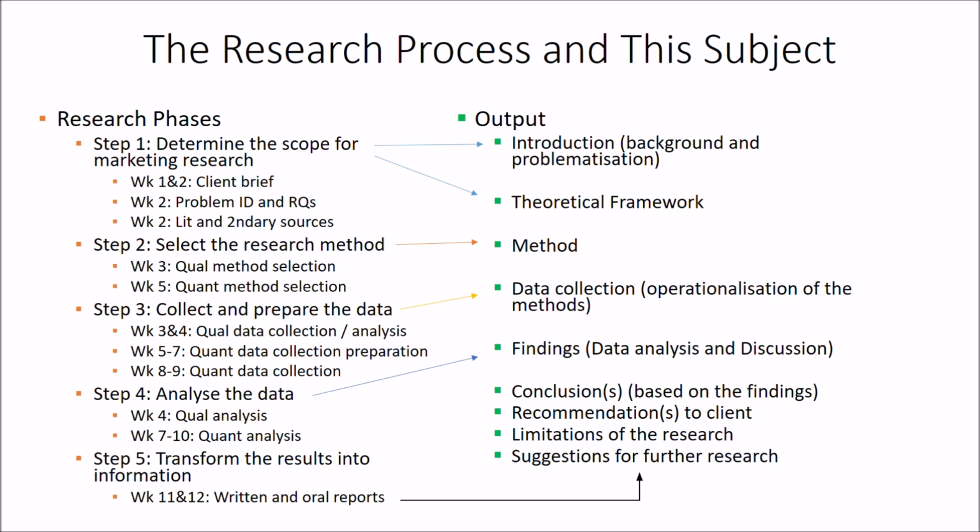The collection and preparation of the data goes into the data collection section. The analysis of the data goes into the findings section. And finally, transformation into information is the reporting of the whole thing, but also includes the conclusions, the recommendations, limitations, and suggestions for further research.